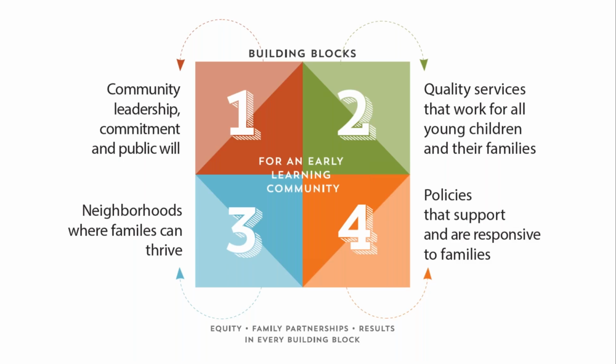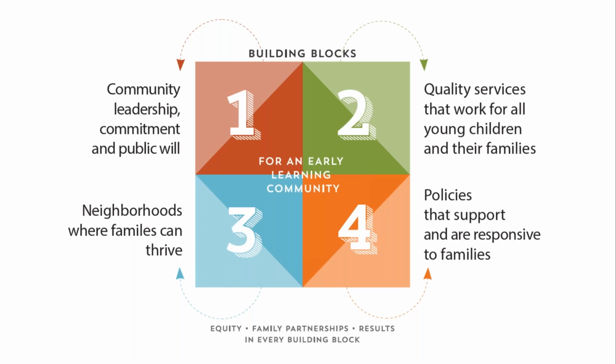You'll see that when we look at the building blocks in more detail, but family partnership really runs through every building block, because determining a plan that you want to carry out to make things better for children in your community needs to involve parents being at the table, needs to involve hearing from families about what's not working for them right now and what would work better, what their needs are that people in City Hall might not even be thinking about. We need to have families at the table, have them be part of the decision making, both when it involves their individual child, but also when it involves what's happening for their community as a whole.